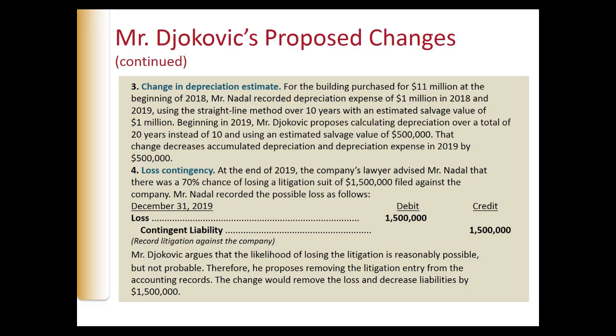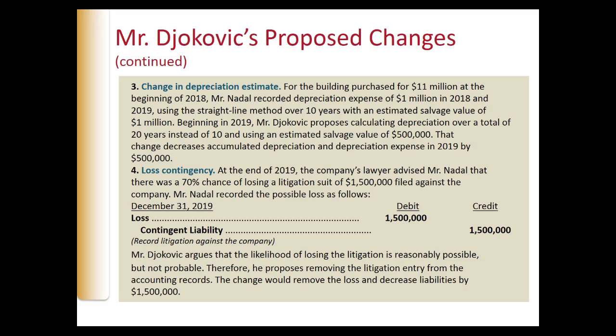Then at the end of 2019, the company's lawyer advised Mr. Nadel that there's a 70% chance of losing a litigation suit of $500,000 filed against the company. So Mr. Nadel showed that loss and the contingent liability.